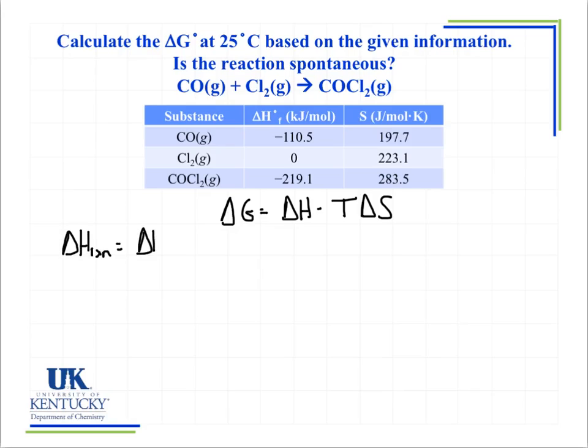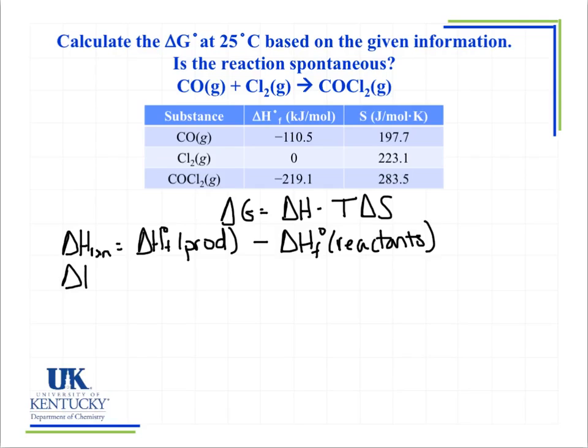For our delta H value, we know delta H of the reaction is equal to delta H of formation of the products minus delta H of formation of the reactants. And since all of our coefficients are 1, we don't have to worry about any coefficients in our calculation.